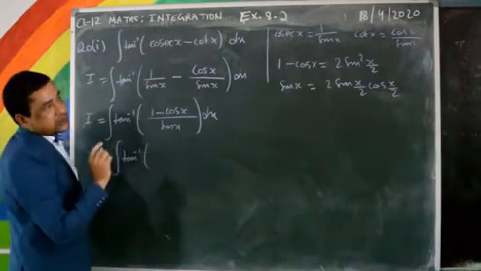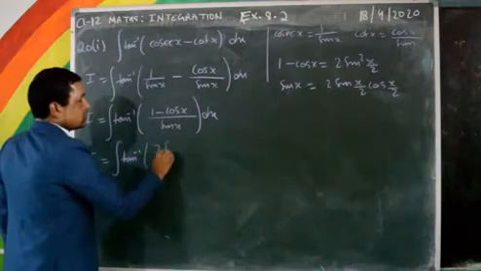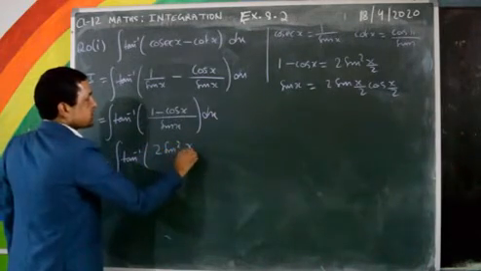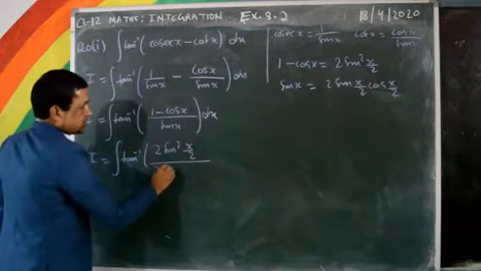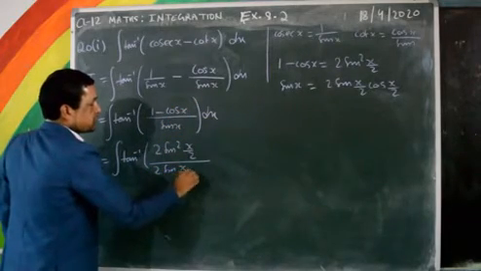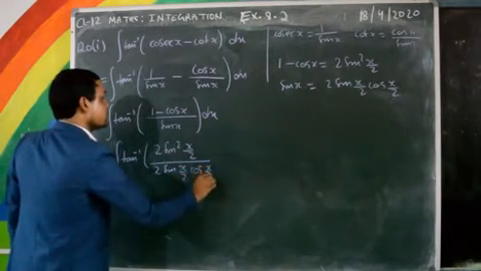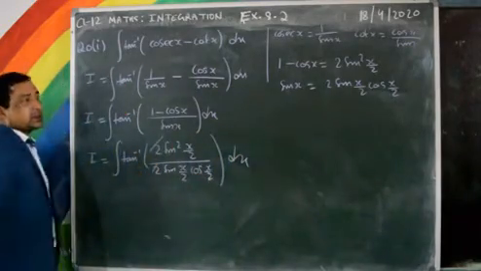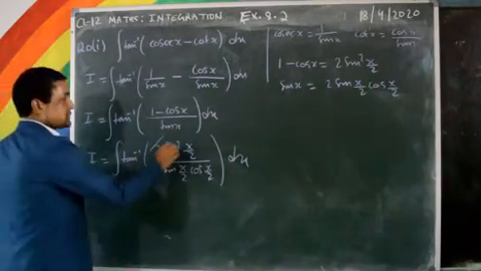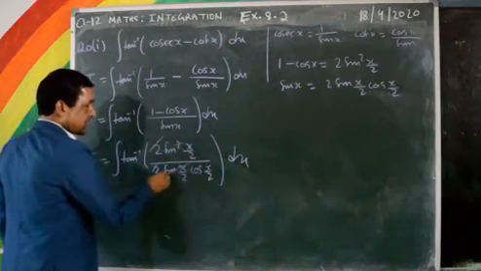Okay, 1 minus cos x means 2 sin square x by 2, and divided by sin x means 2 sin x by 2 cos x by 2, bracket close dx. Now this 2 got cancelled, then this square and sine got cancelled.